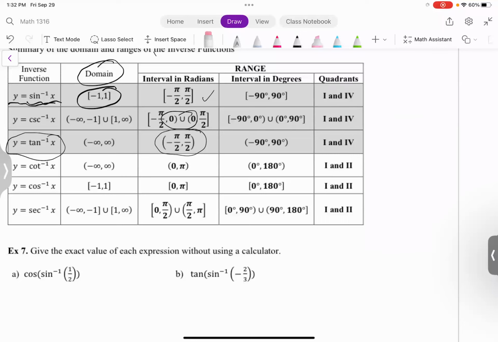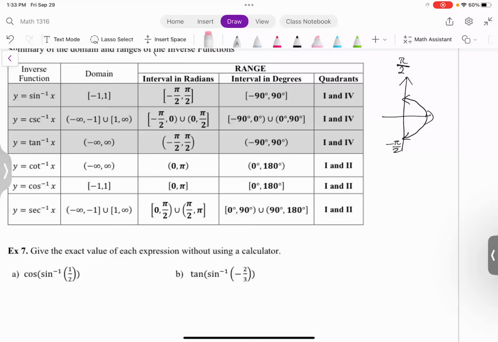That means the first three functions all have the x in these two quadrants, quadrant 1 and quadrant 4. The x is between -half pi and half pi. So the inverse function's value can only be between -pi over 2 and pi over 2.